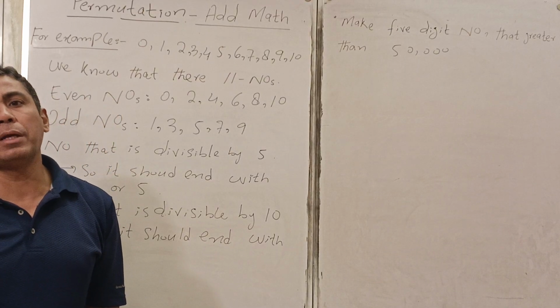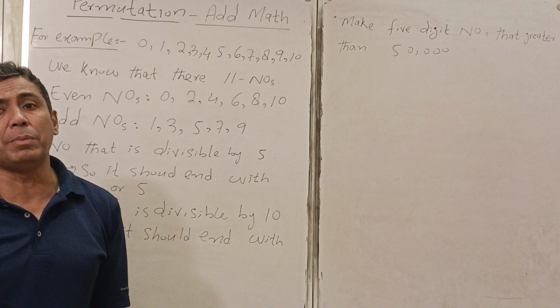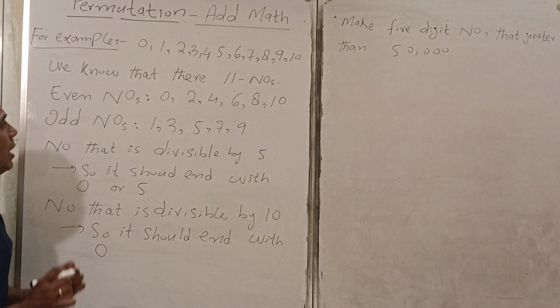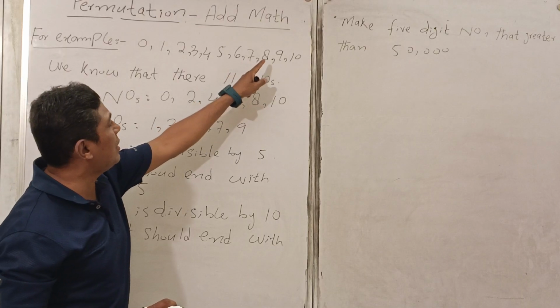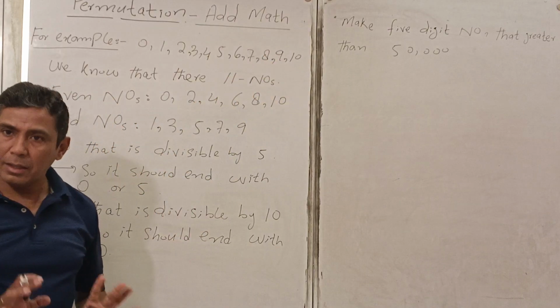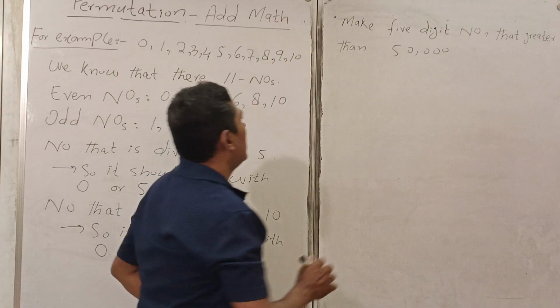When the number is greater than 50,000, it means that it always starts with 5, 6, 7, 8, 9. You got my point?